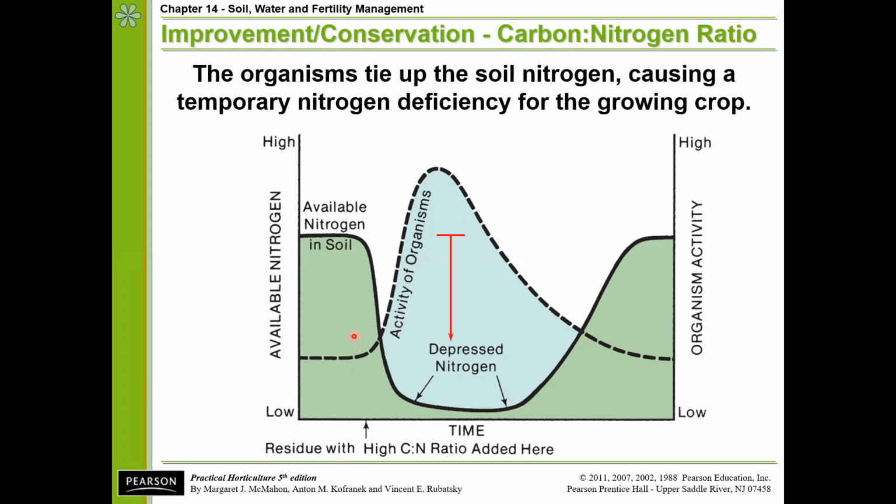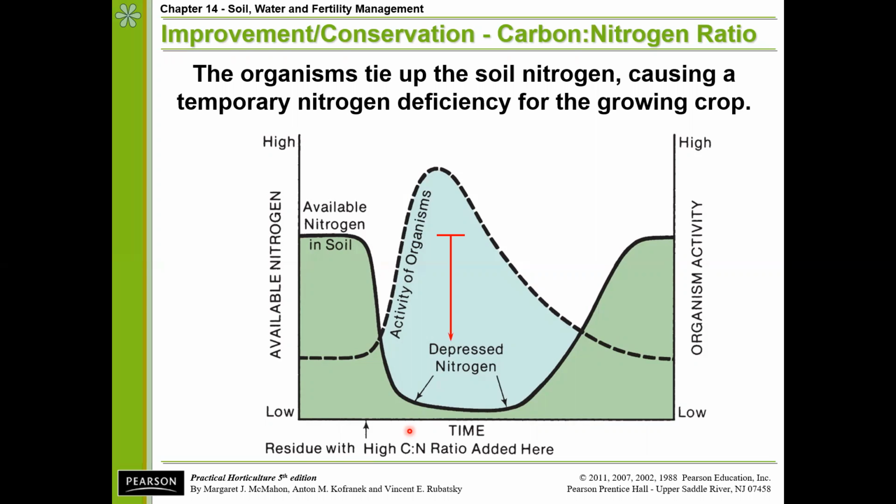But what we were talking about before we left is that ratio along with carbon. So the high carbon to nitrogen ratio can feed those organisms. That causes a depression of nitrogen for a short period of time.